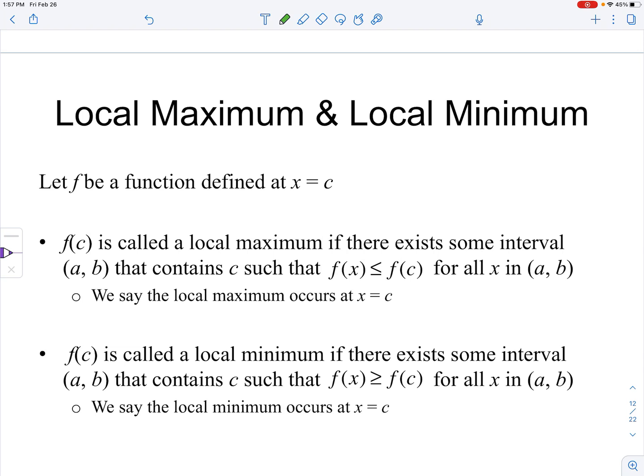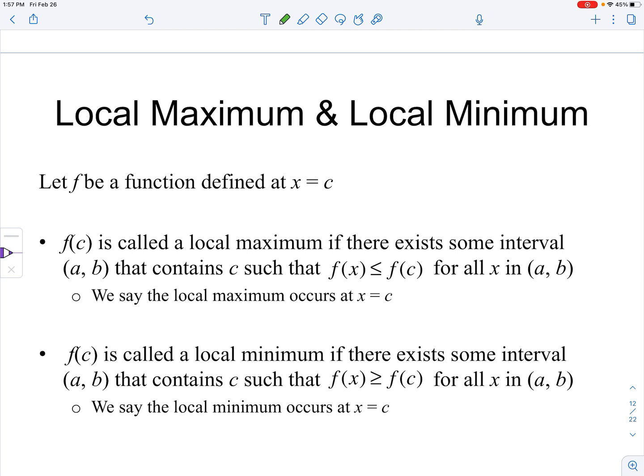Okay, so here are our definitions for local max and local minimums, and I just kind of went through what happens when there is a local max or a local min, but here is our written out definition. So f of c is a local maximum if there exists some open interval from a to b that contains c such that f of c is greater than or equal to f of x.